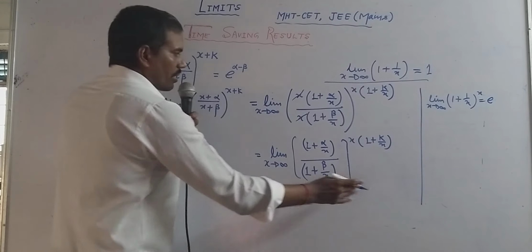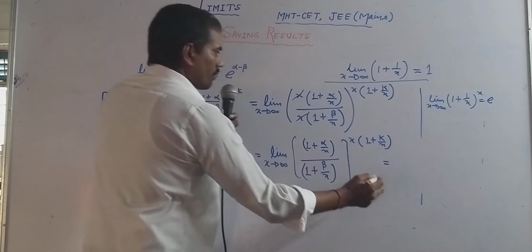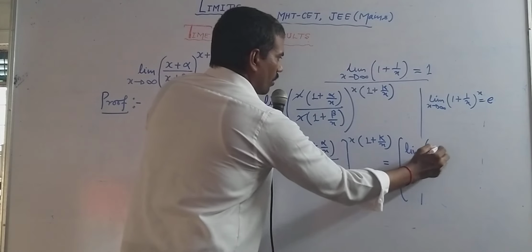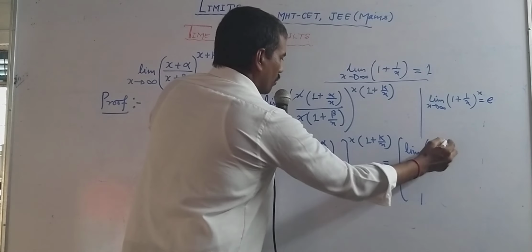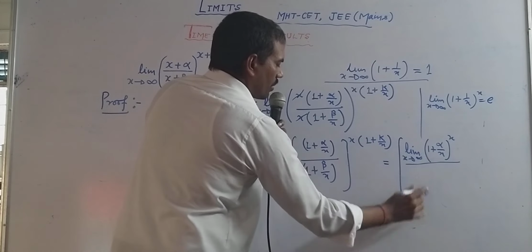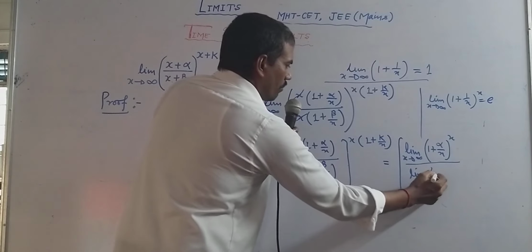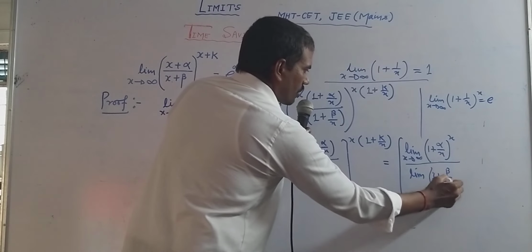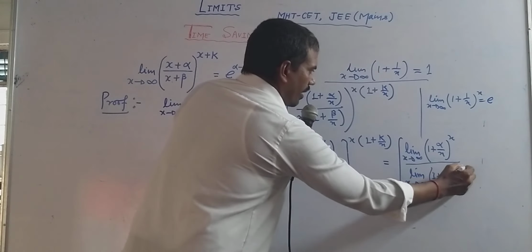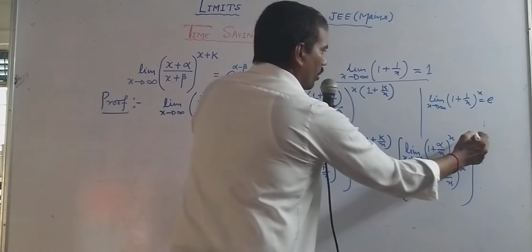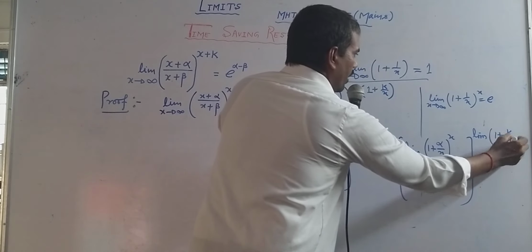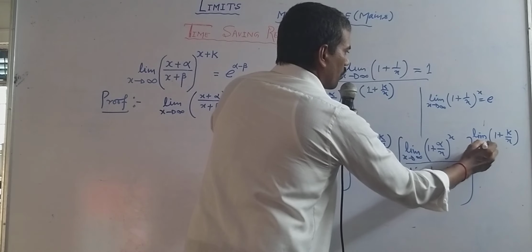For this, we have to make this equal to limit of (1 plus alpha upon x) to the power x, whole divided by limit of (1 plus beta divided by x) to the power x, as x tending to infinity, and whole to the power 1 plus, which means limit of 1 plus k divided by x as x tending to infinity.